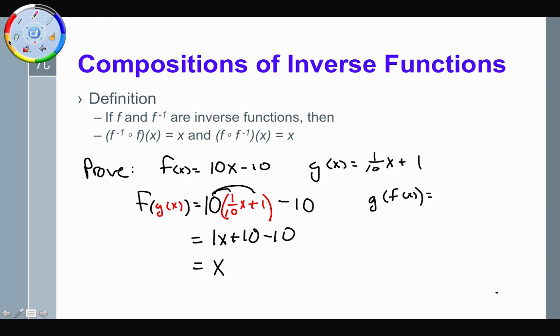So again, let's do a little bit of color enhancement here. Let's call f of x a blue. And we want to take g of f of x. So I'm going to say 1/10 of f of x. So f of x is 10x minus 10.